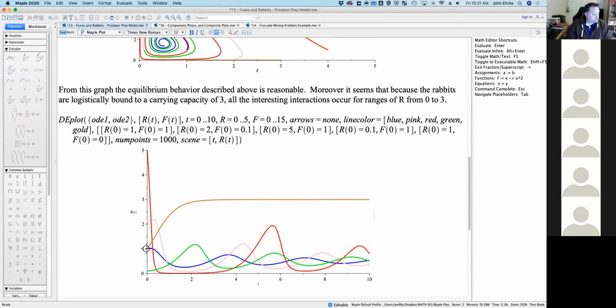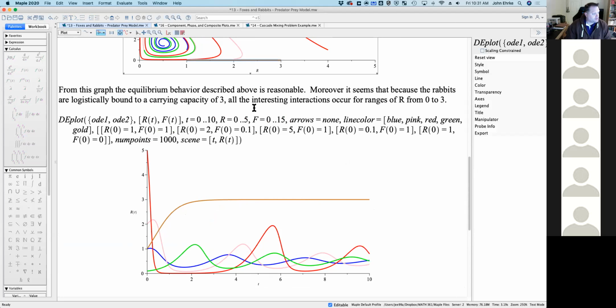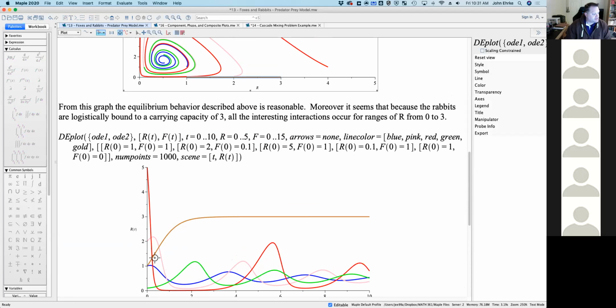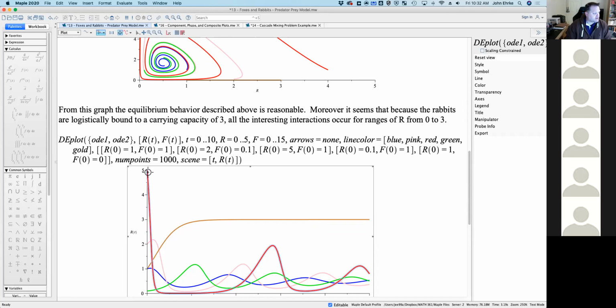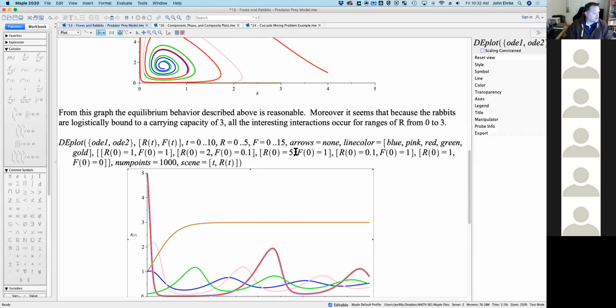For instance, we saw that this gold curve here was the equilibrium. You can see that this is the carrying capacity logistic growth term for the rabbit population if it started out with 1, with no foxes. And then you can look at the rest of them. This one that starts out at 5, this is R of 0 equal 5, F of 0 equal 1.